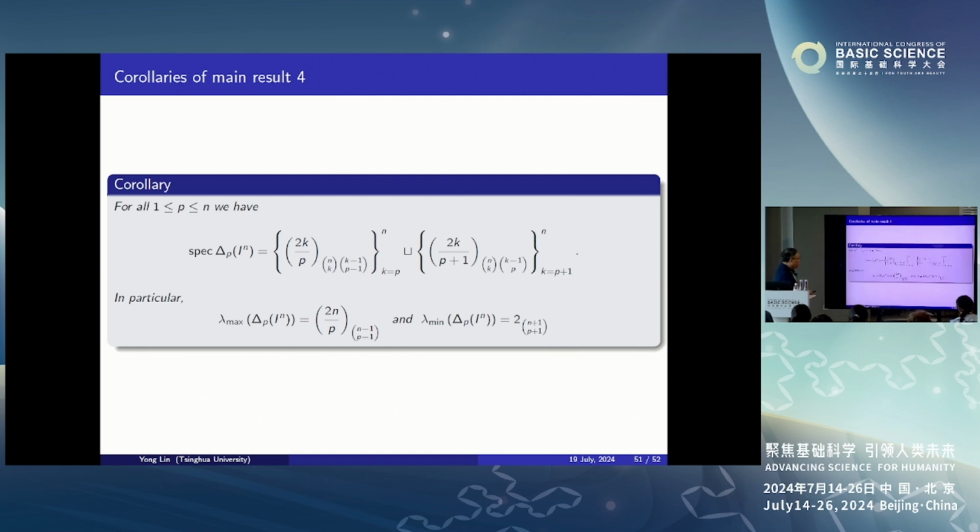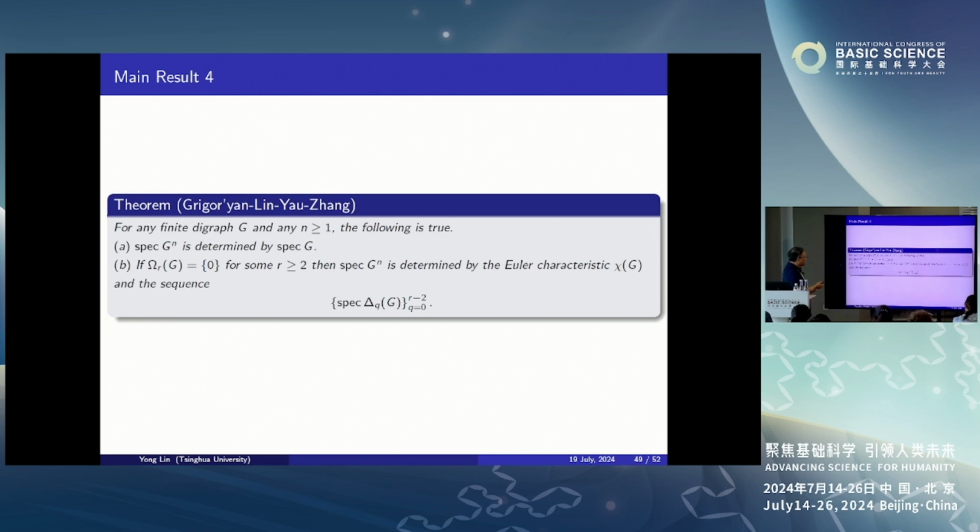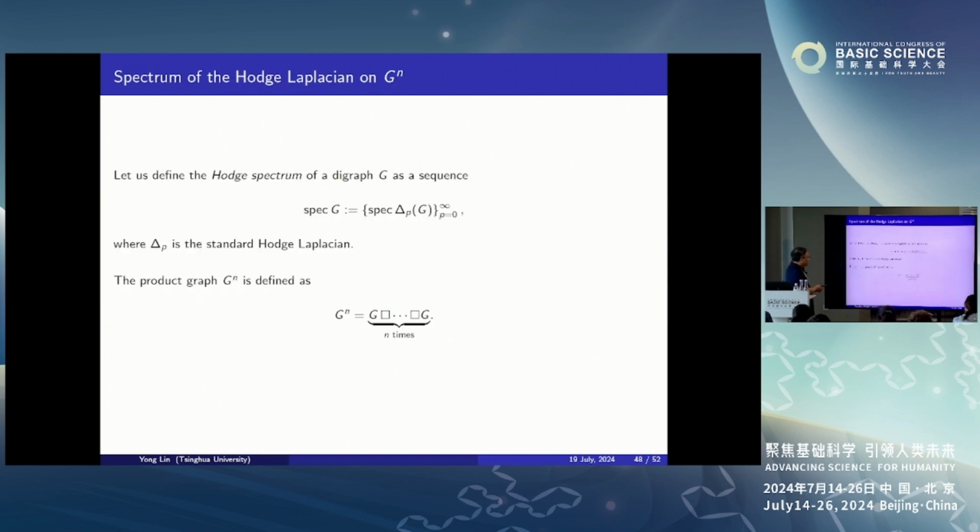Actually, in this paper, we give two digraphs. They have the same spectral set, but they are not isometric.